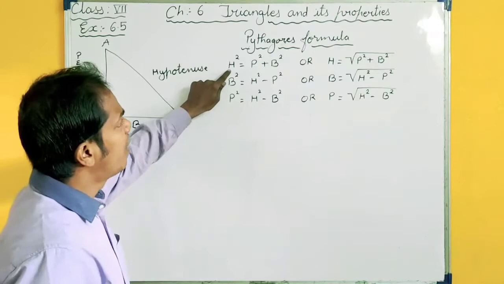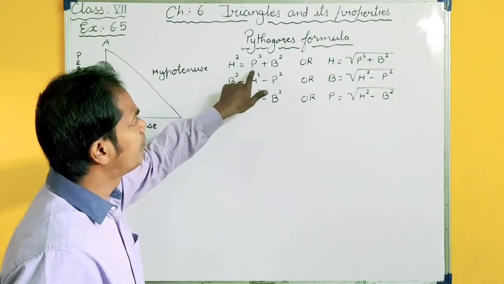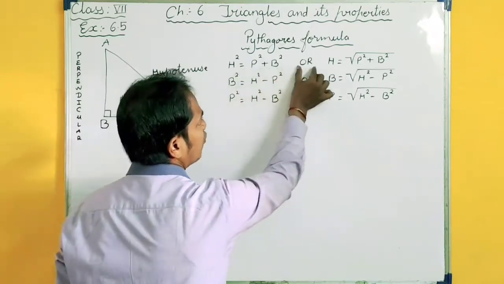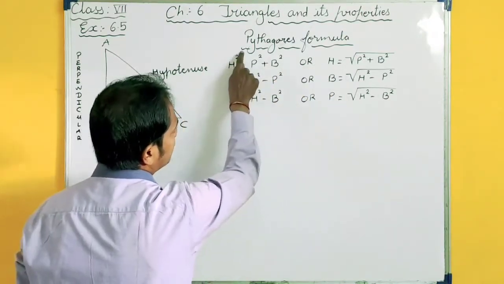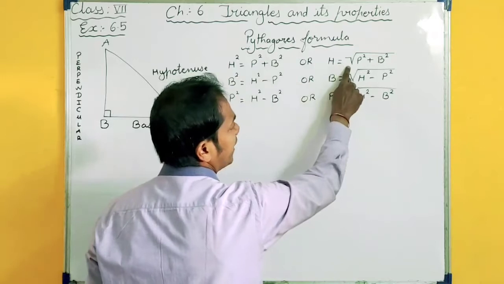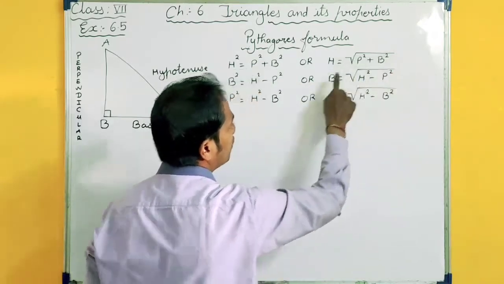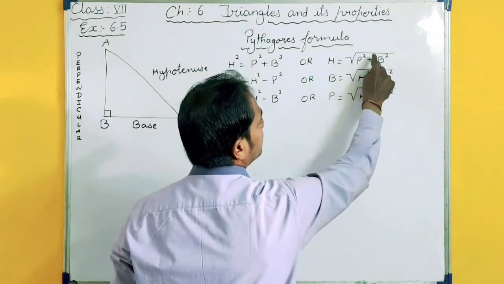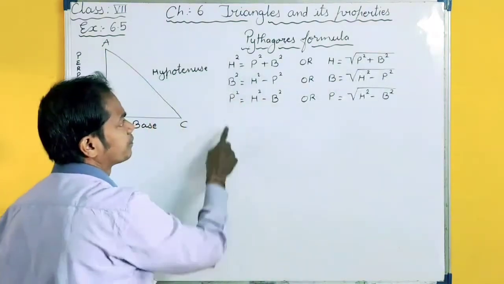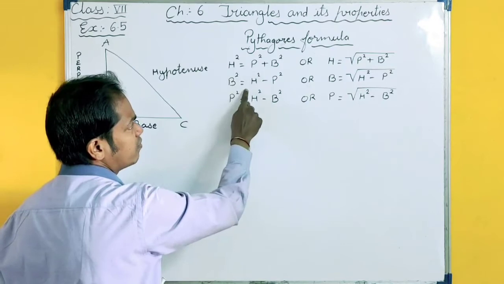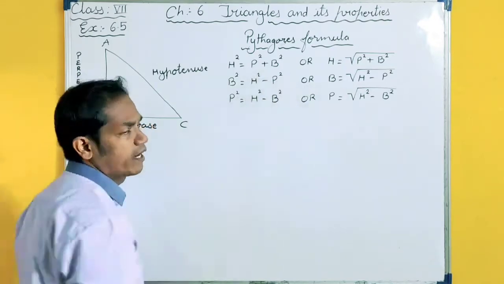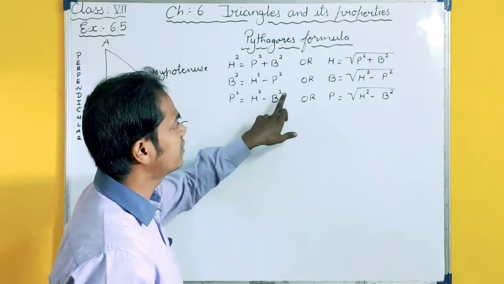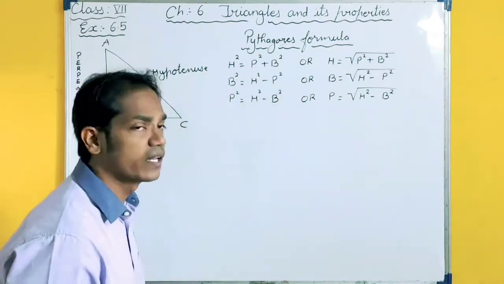Hypotenuse square is equal to perpendicular square plus base square, which can also be written as hypotenuse is equal to under root p square plus b square. Same way, base square is equal to hypotenuse square minus perpendicular square, and perpendicular square is equal to hypotenuse square minus base square. These are your three formulas.